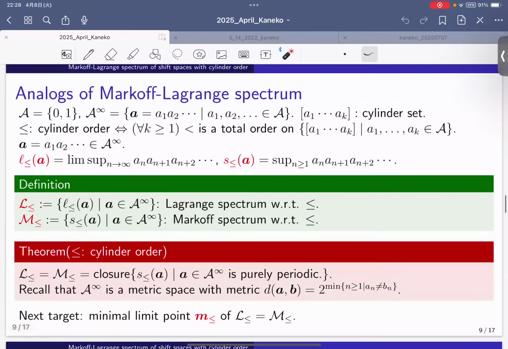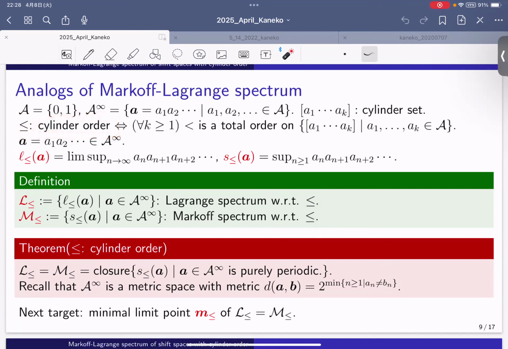This order is the cylinder order, so this property is important. This L is the set of lemma subwords, and this M is the set of subwords.